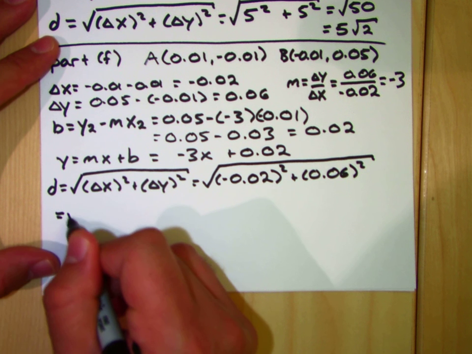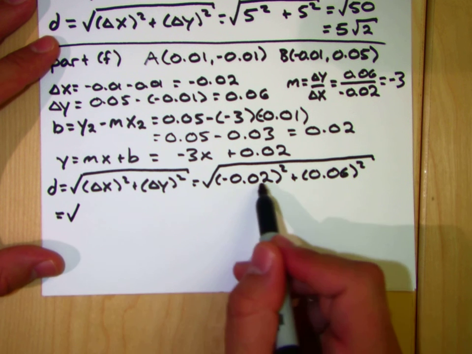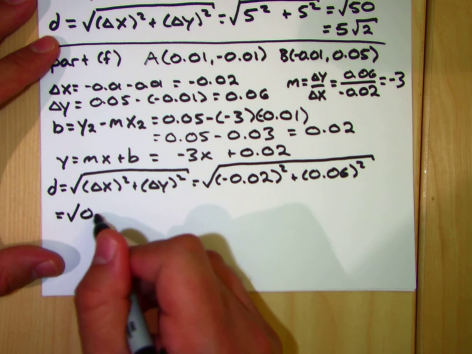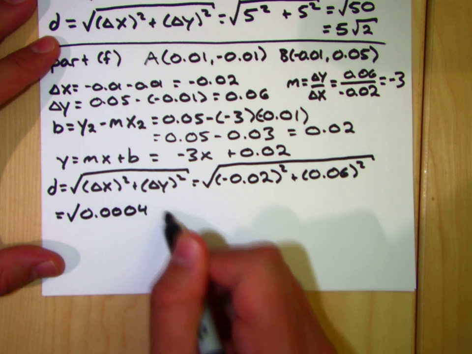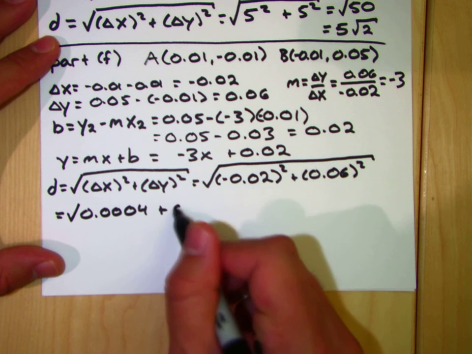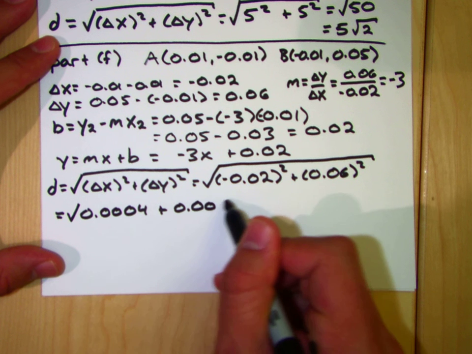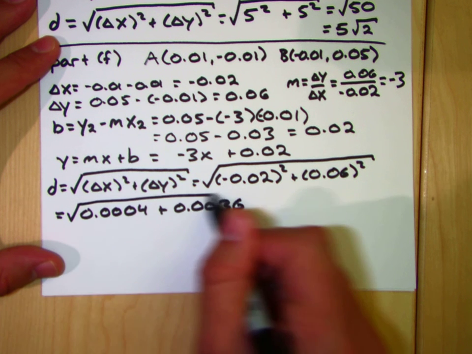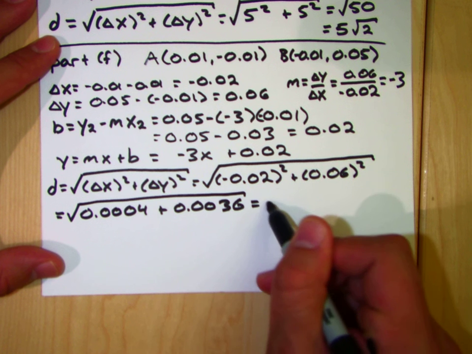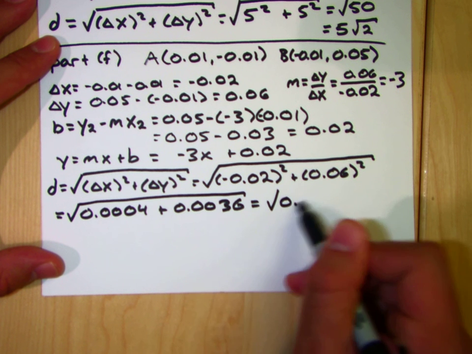And this is equal to the square root of, this becomes 0.0004 plus 0.0036. And we add all that up, that becomes the square root of 0.004.